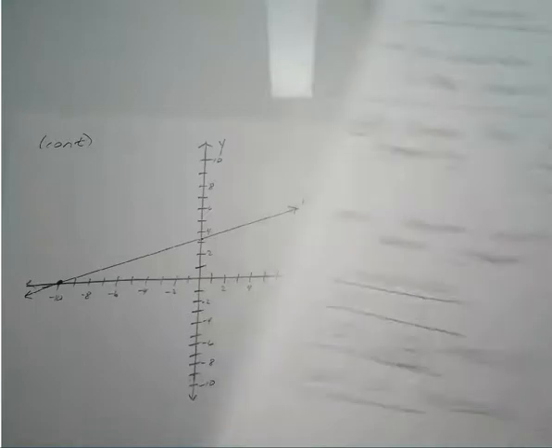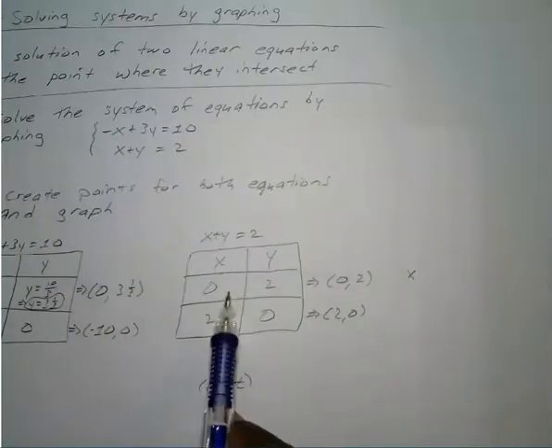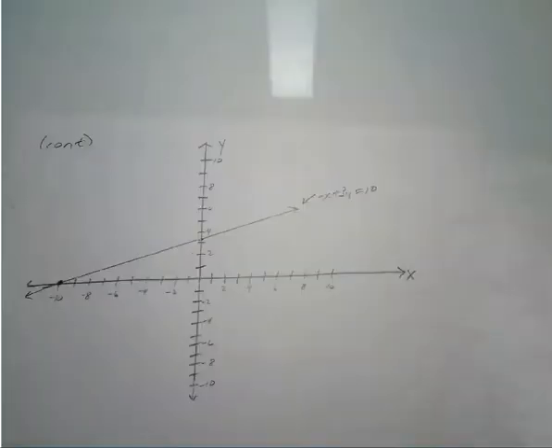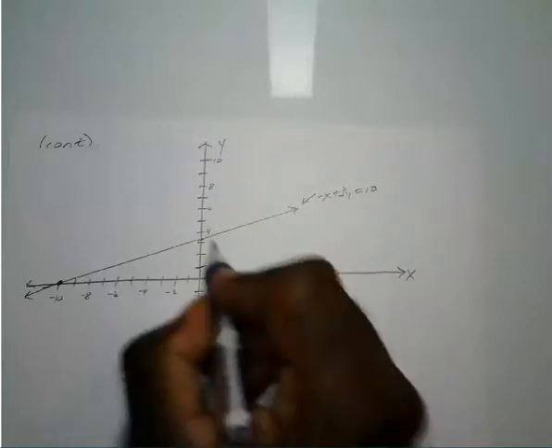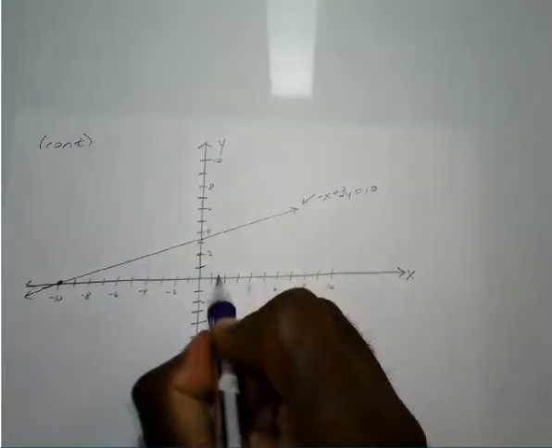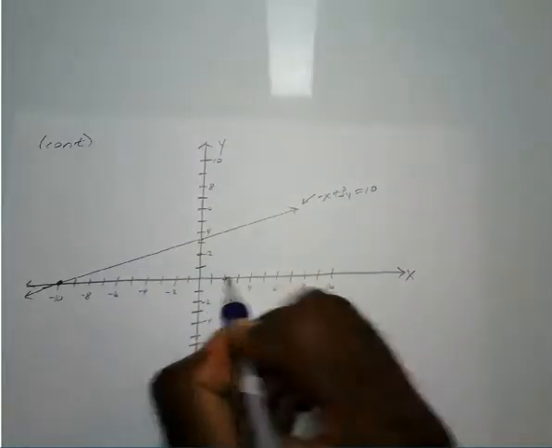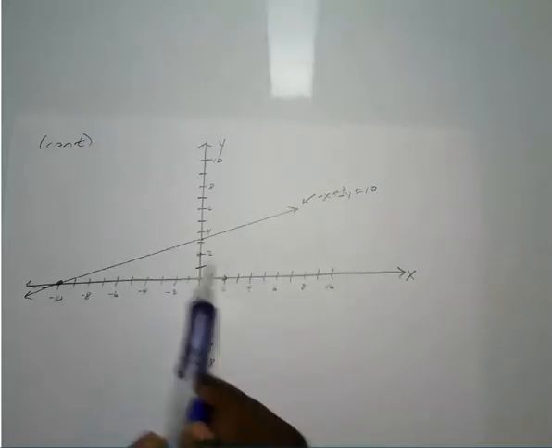Now we graph x plus y equals 2. We have 0, 2, and 2, 0, those 2 points right here.